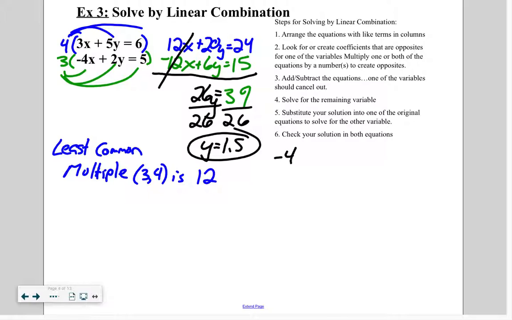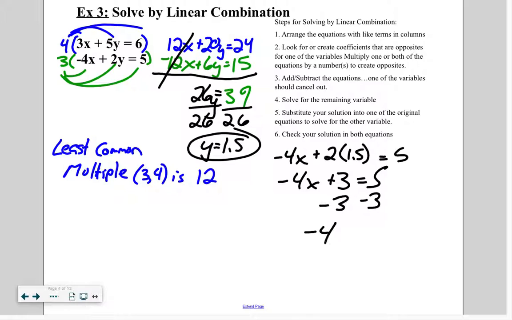So we have negative 4x plus 2 times 1.5 equals 5. So we have negative 4x plus 3 equals 5. Subtract 3. Negative 4x equals 2. So x equals negative 1/2, or negative 0.5.